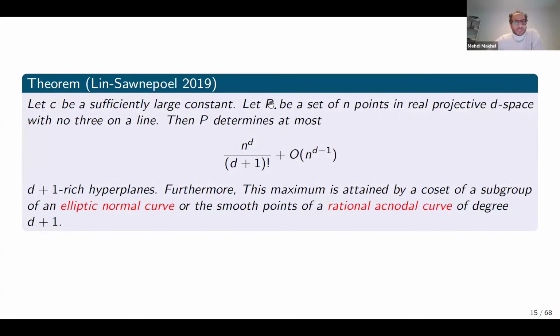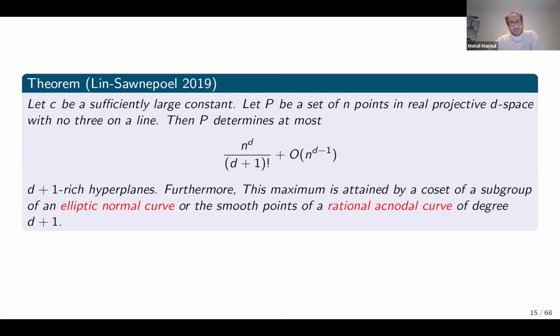And in 2019, Conlon and Lim proved that if P is a set of n points in real projective d-space, so we consider, for example, dimension 3, then the number of d plus 1 ridge hyperplanes must be bounded by this formula.